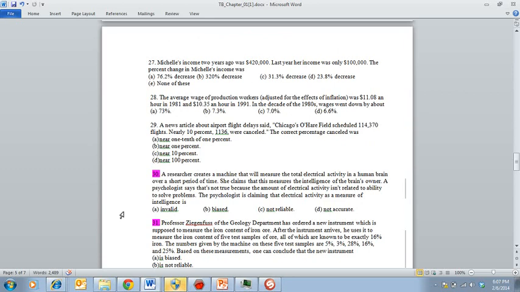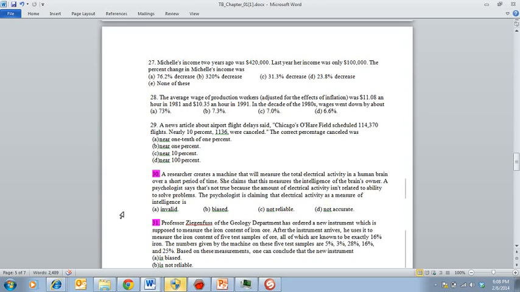A researcher creates a machine that will measure the total electrical activity in a human brain over a short period of time. She claims this measures the intelligence. They're really concerned about intelligence here. She claims that this measures the intelligence of the brain's owner. A psychologist says that's not true because the amount of electrical activity isn't related to ability to solve problems.